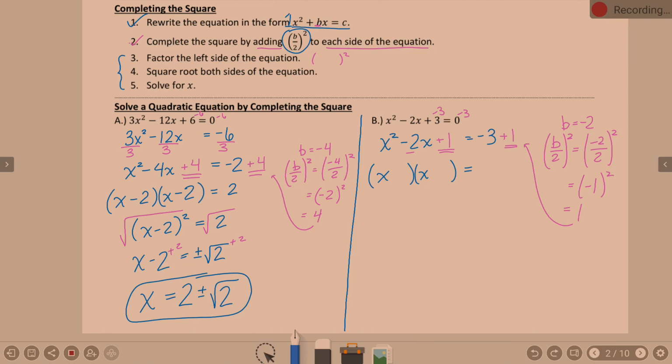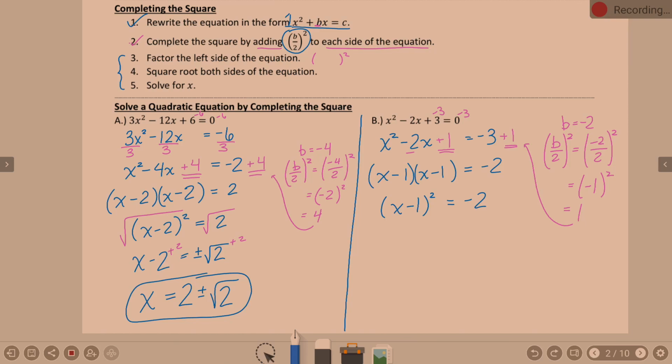My only option is 1 and 1. Adds to be negative 2. It's negative 1, negative 1. Or more properly written as x minus 1 squared. If you didn't already clean up the right, negative 3 plus 1 is negative 2.